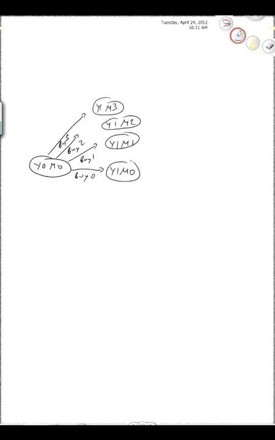But now the issue is that for each year there's a minimum number of machines that we need. So for year 1 we have to have 1 machine. And so what we're going to do is just delete the nodes that don't satisfy these minimum criteria. So we can't be in this node, year 1 with 0 machines. We want to disallow that. So we're just going to delete that node and all of the edges that come in and out of it.